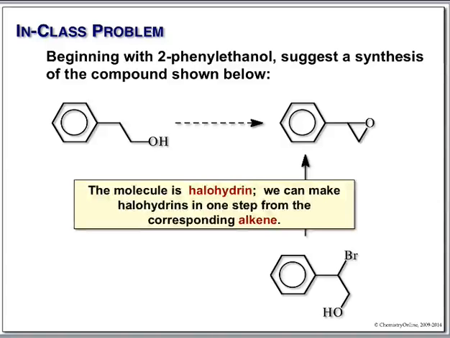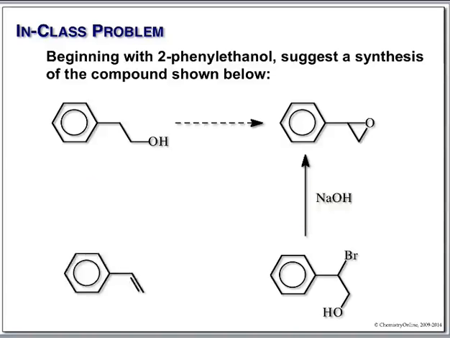Well, we're going to add HOBr, so this was a double bond, right? Two ways that we used to make HOBr. One is actually bromine and water, or we can use N-bromosuccinimide and water, same thing.